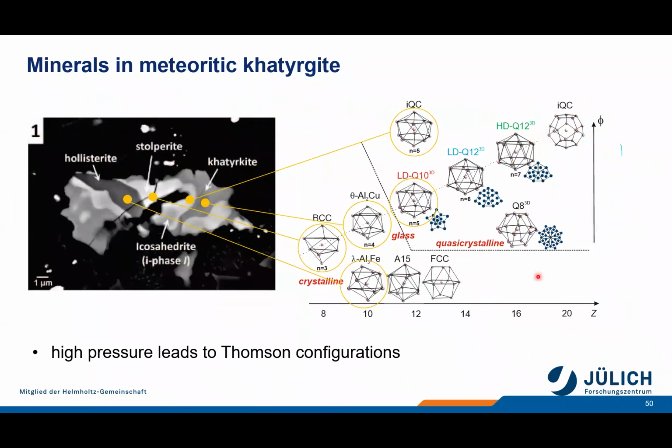To go back to the connection to our phase diagram of geometries, of course, they found this icosahedral phase, this is here. They also formed a decagonal phase in another report. And I must admit, as a soft matter guy, I really had no idea about hollisterite, stolperite, and khatyrkite. But if you look at the crystal structure, you see that those are identical to this funny aluminum iron, theta aluminum copper, and this BCC phase.